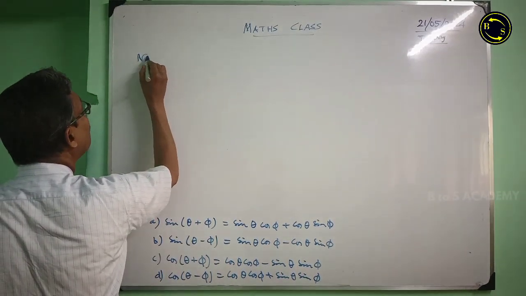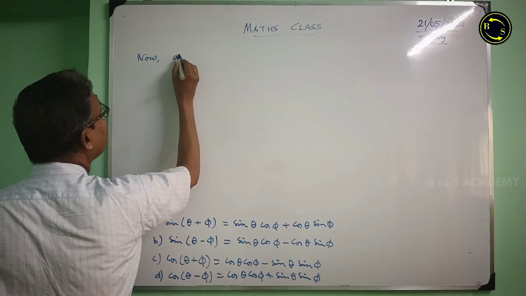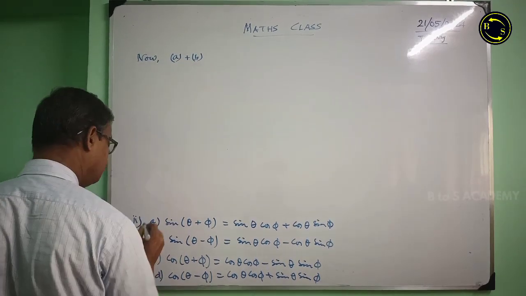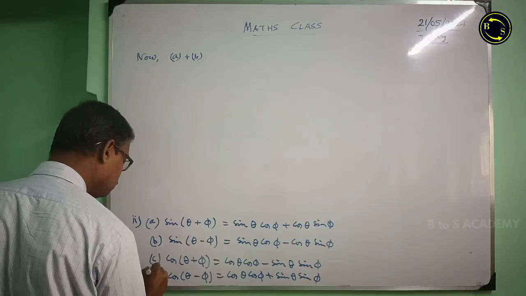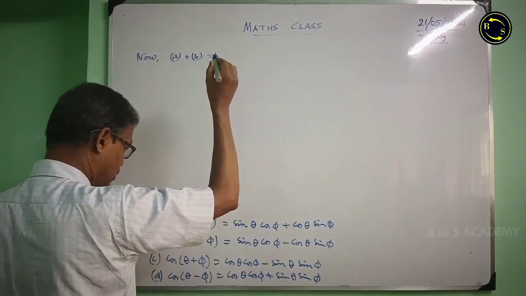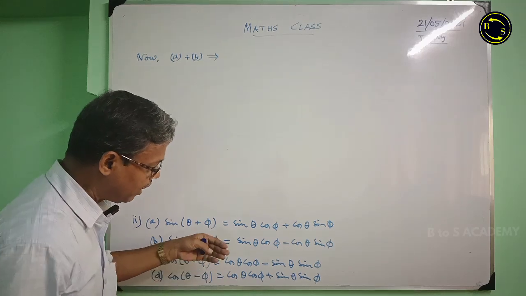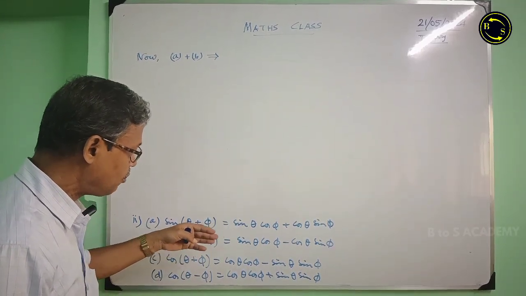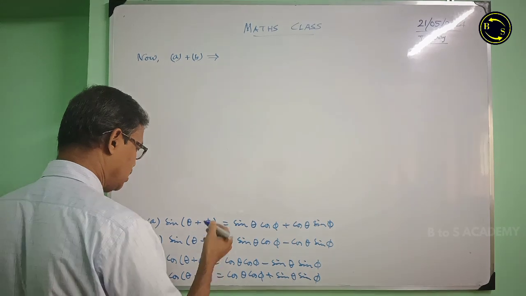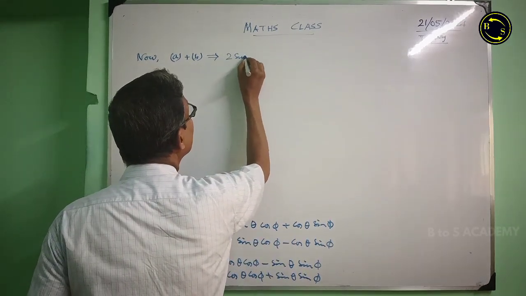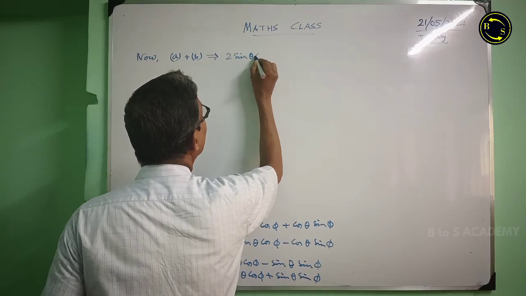Now, A plus B will give us. First, I write the result of sum of the right sides. That means 2 sin theta cos phi.